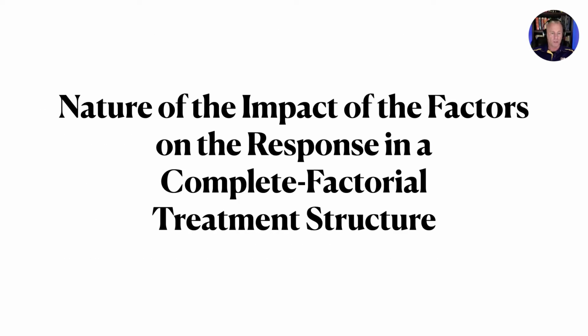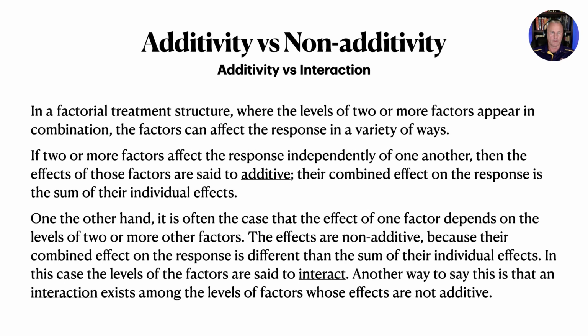All right, next let's look at the nature of the impact of the factors on the response in a complete factorial treatment structure. So, additivity versus non-additivity. We've used this term, but we haven't defined it yet, so let's talk about what additivity means. In a factorial treatment structure, where the levels of two or more factors appear in combination, the factors can affect the response in a variety of ways.